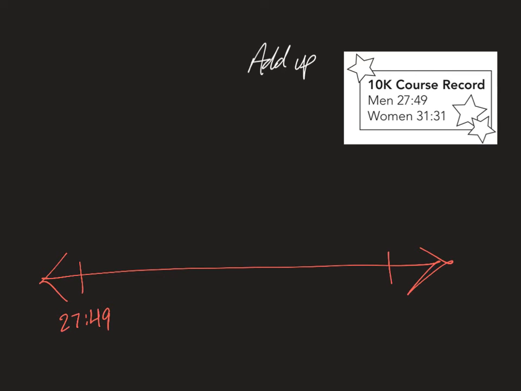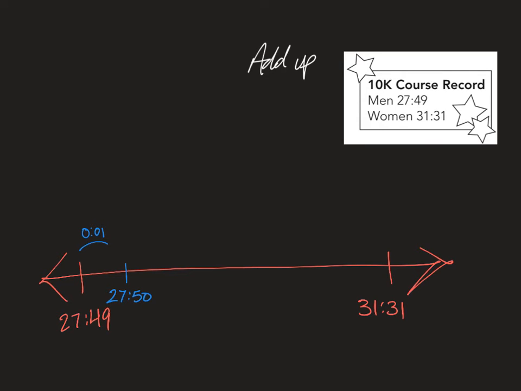And then my bigger number would be 31 minutes, 31 seconds right here. So I'm going to start adding, but I like to add to friendly numbers. So right away I can see that if I add 0 minutes, 1 second, it would get me to 27 minutes, 50 seconds.